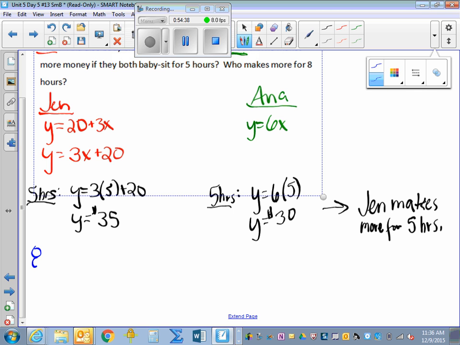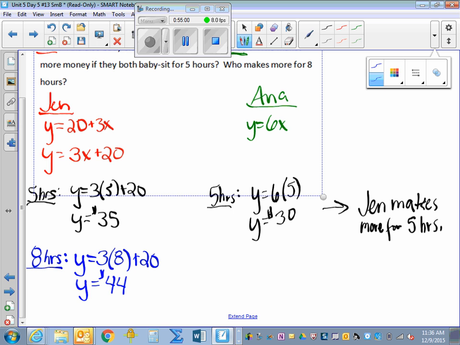Alright, so for 8 hours, let's see how much Jen makes. Again, 8 hours would be 8 for x, because x represents hours. 3 times 8 is 24, plus 20 gives us 44. So for 8 hours, Jen makes $44.